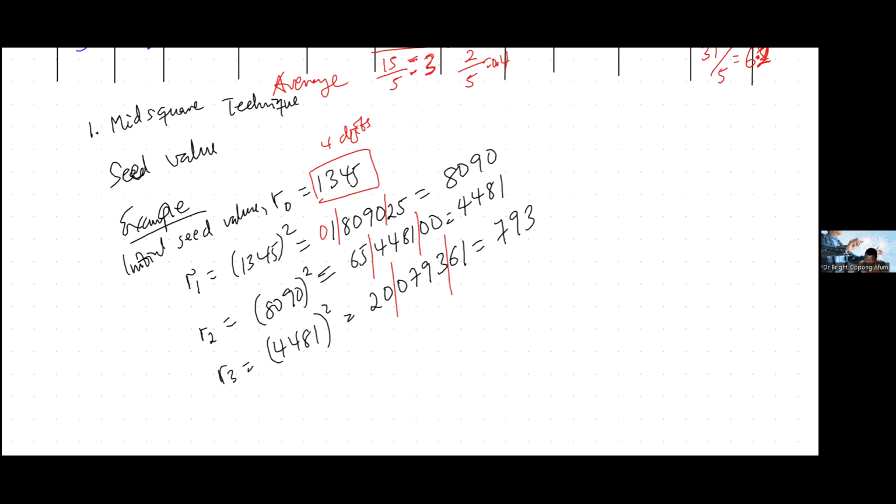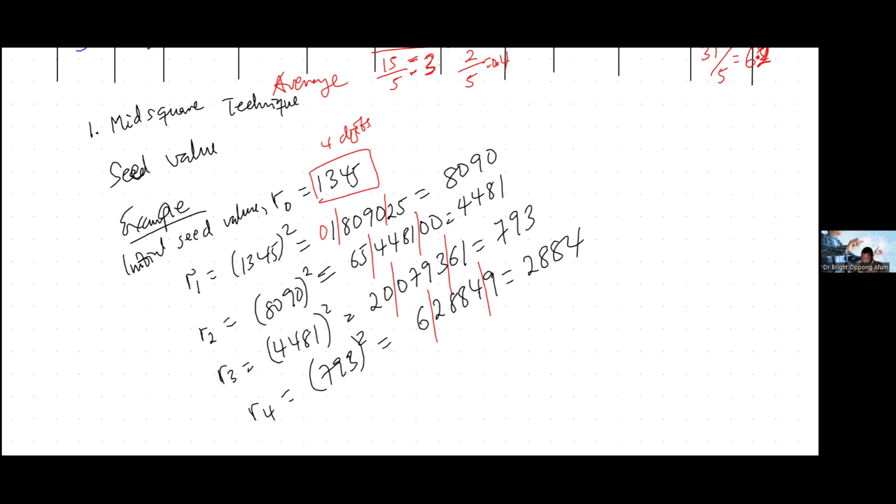So random number 4 will be 793 square, right? 793 square is 628849. If we look at the 4 digits, that will be 2884, etc. So this is how we generate it, and you can use a computer to do that.